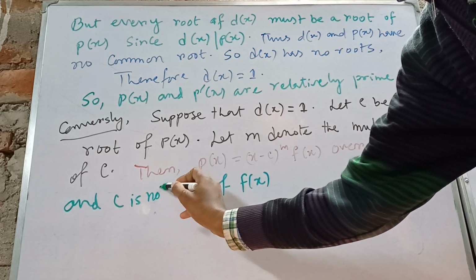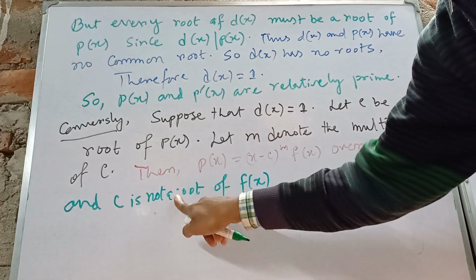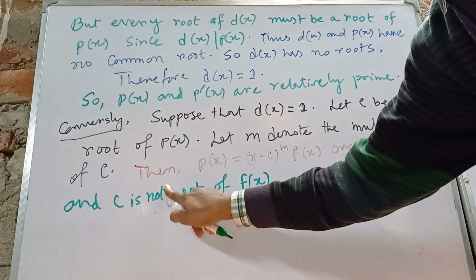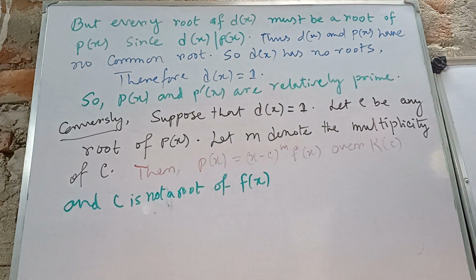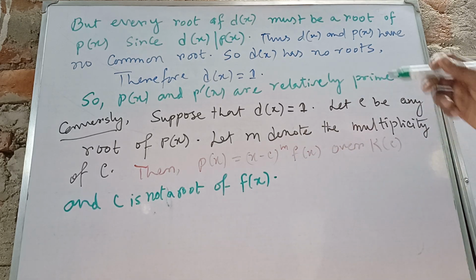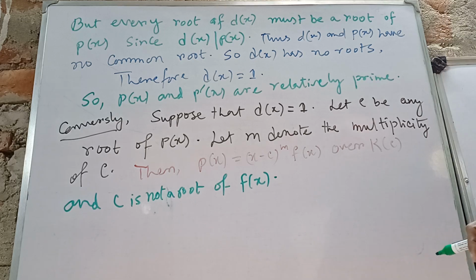That means c occurs m times as a root of p(x).